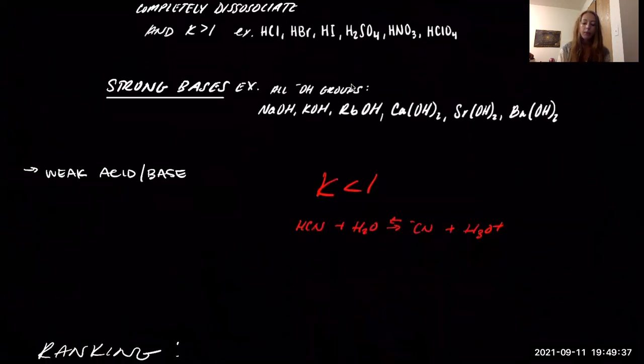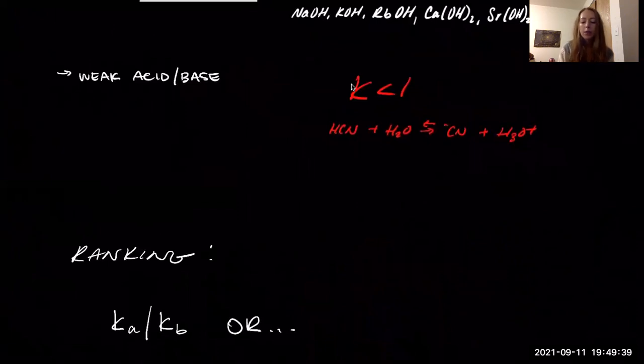For weak acids and bases, this is not the case though. Because such a small amount of it actually dissociates, we have to find it using the Ka value and so on, and then we can find the pH, okay?